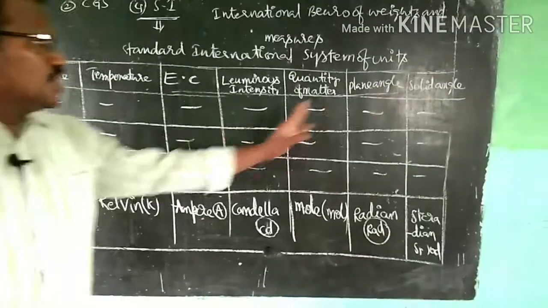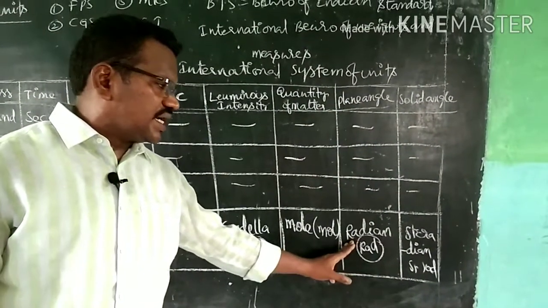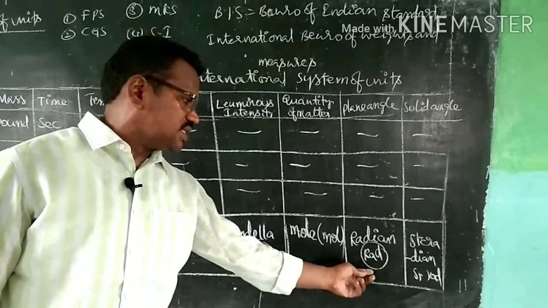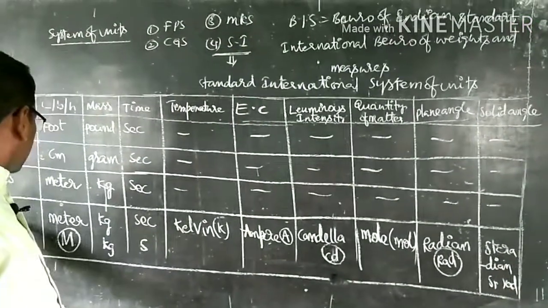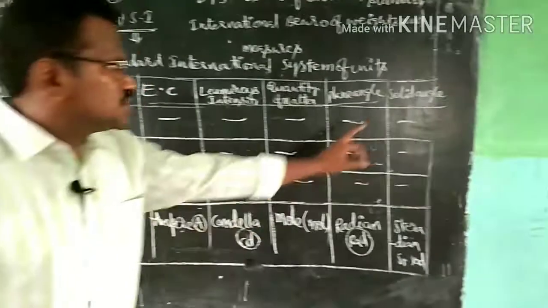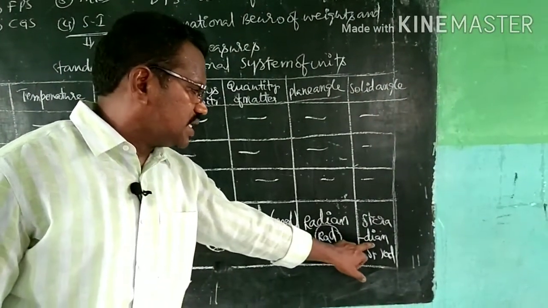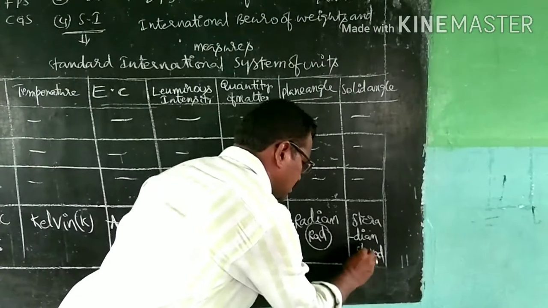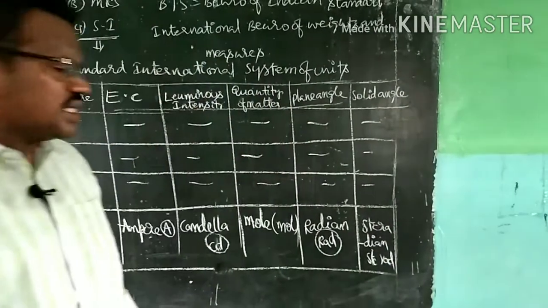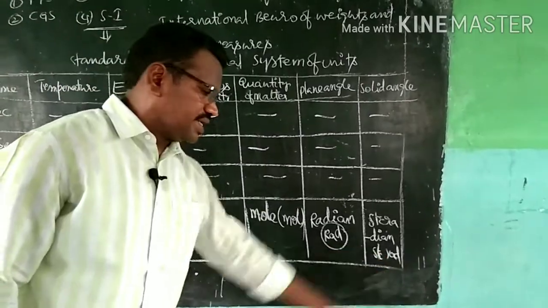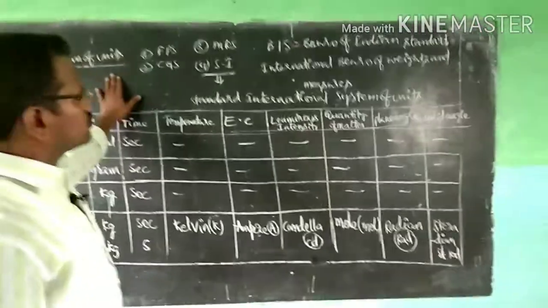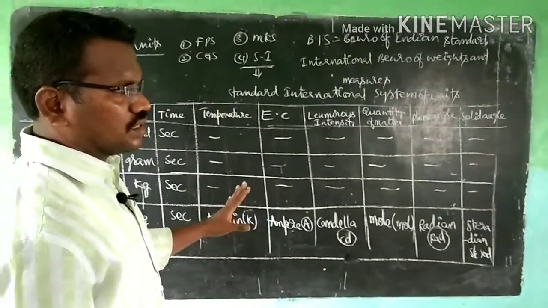The SI unit of plane angle is radian, represented as RAD. The first three letters are considered here, RAD. The last one, the SI unit of solid angle, is steradian, represented as SR or otherwise STRAD. So once again, these are the different systems of units we are following now.